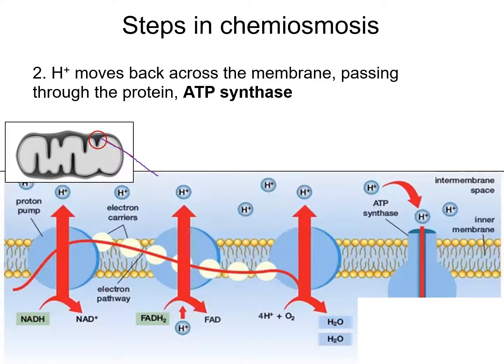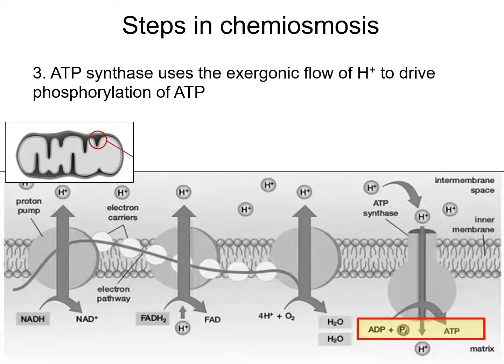So they start to flow back across the membrane, passing through this specific protein right here called ATP synthase. This ATP synthase protein uses the exergonic flow of these hydrogens going down their gradient to drive the phosphorylation of ATP. So notice we have ADP plus a phosphate group, so ATP is being charged here.